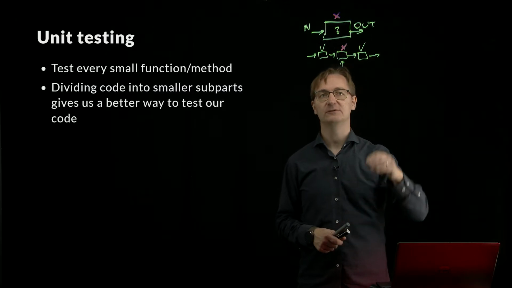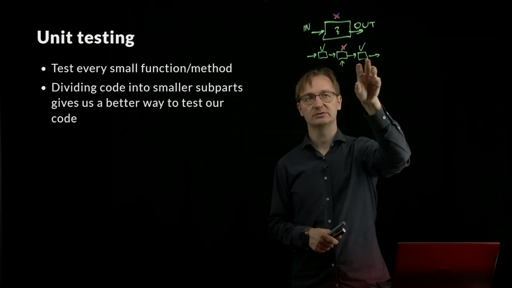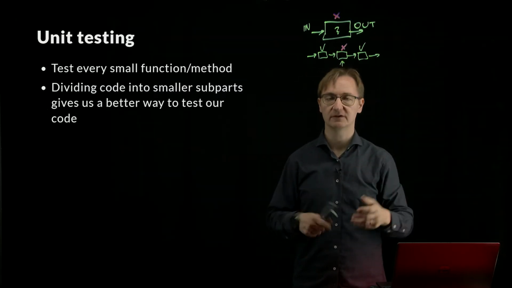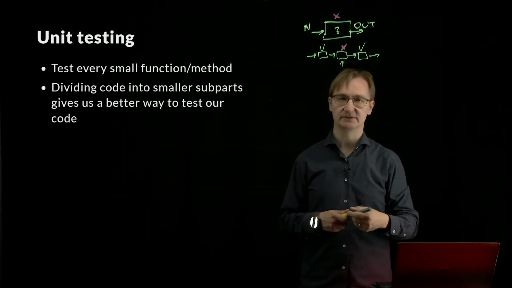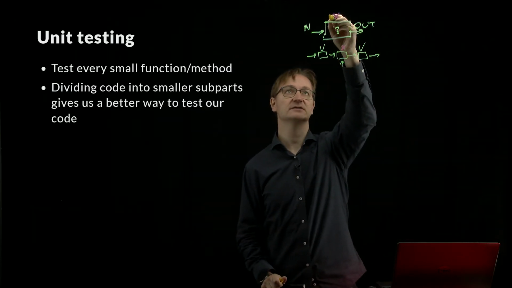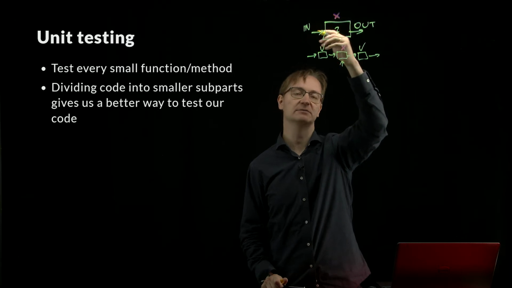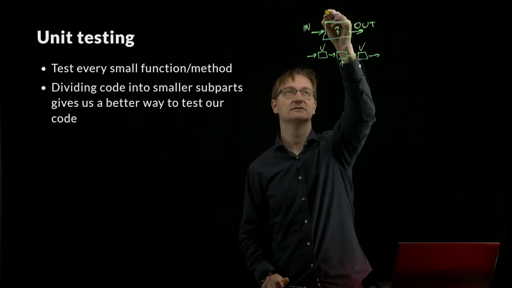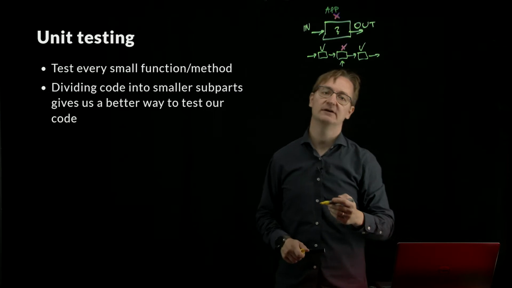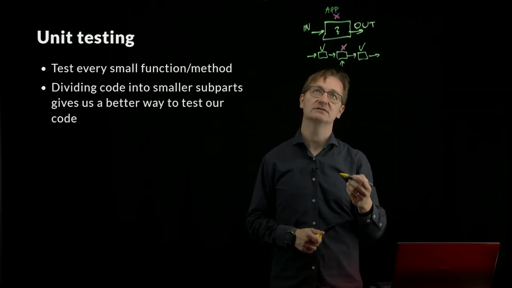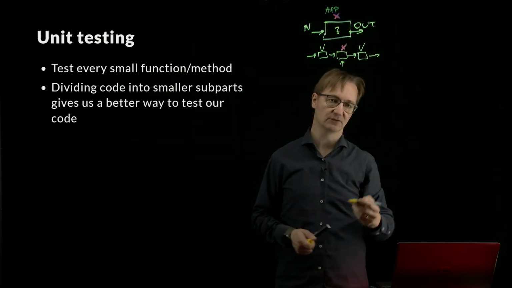Also, if you have those smaller functions, you can name them. For example, if this application here is, let's say, an application, and if I execute my tests, I can just say that the application is wrong.